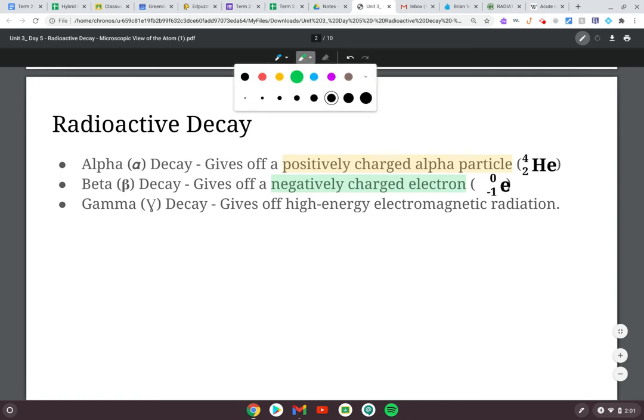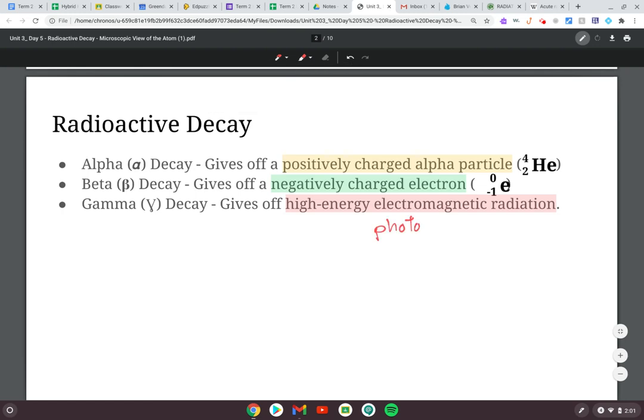And then lastly, the last type of decay that we are going to be concerned about is gamma decay. And that gives off high energy electromagnetic radiation, which we really haven't discussed yet. That's in a coming unit. But we talked about on the last video that it gives off a photon of energy.